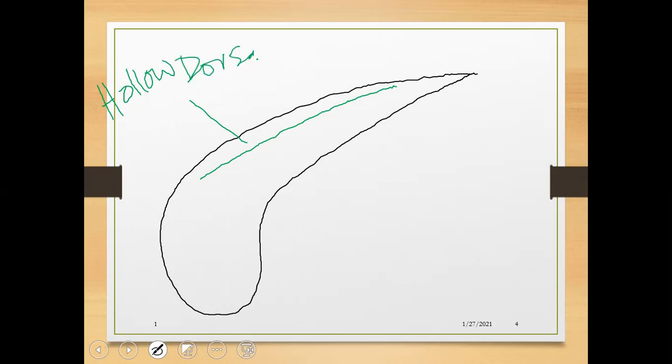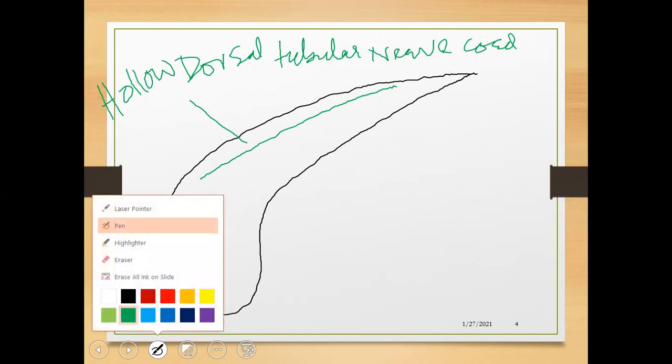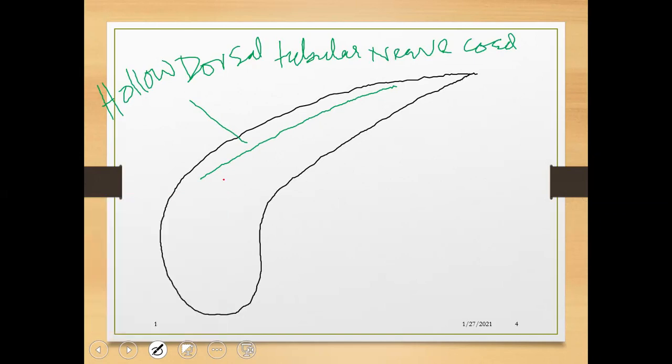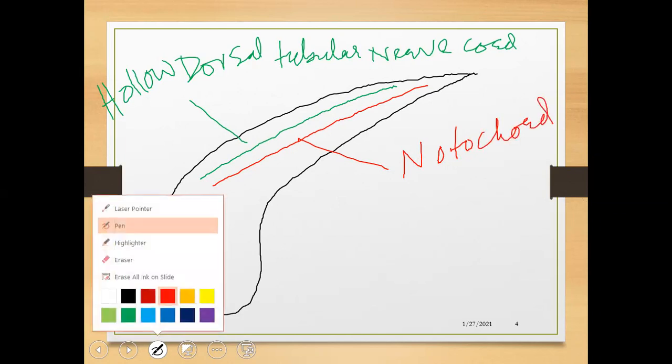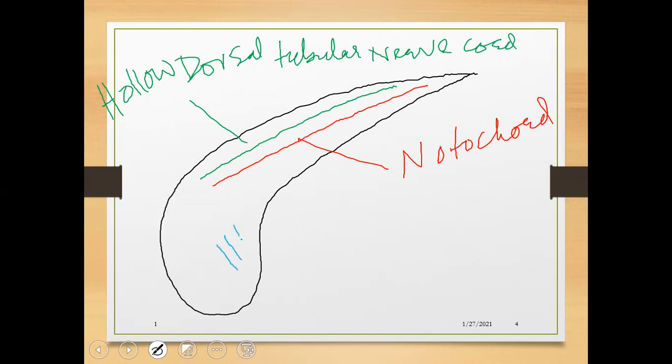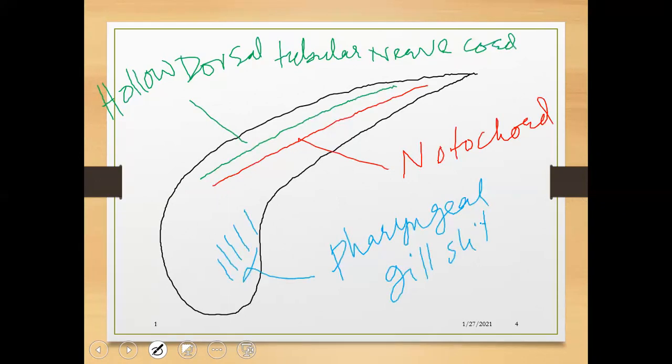Below this there is the notochord. Here is another thing, the pharyngeal gill slits, and the last, fourth one, is the tail.